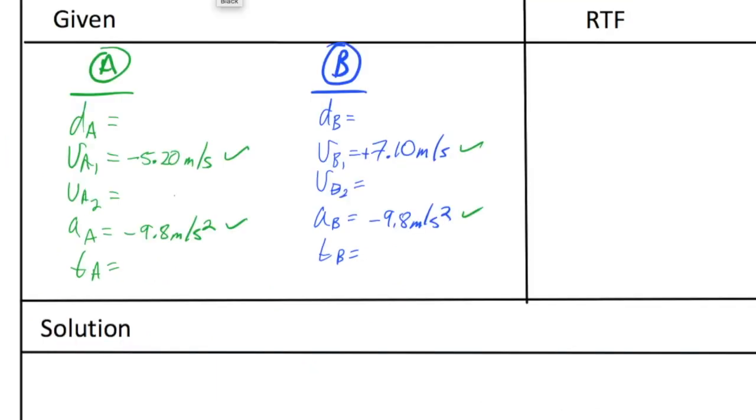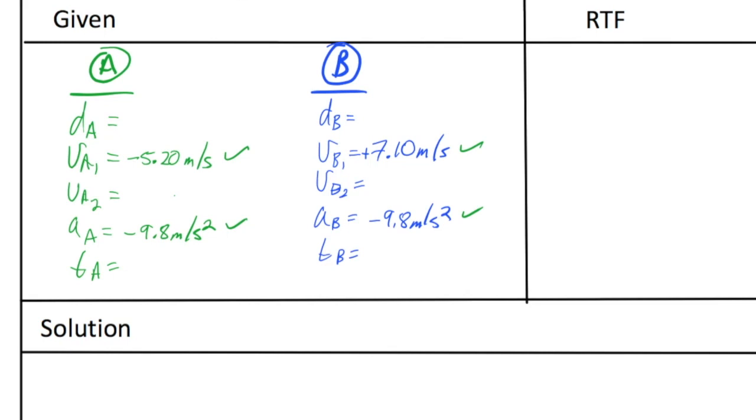A couple of other things you have to take into consideration. The only way you can solve this problem is to assume that they both launch the projectiles at the same time. Otherwise, there could be many solutions to this problem if their timing is a bit different. If one does it sooner or after the other, where the balloons will collide will be a different position and a different time.